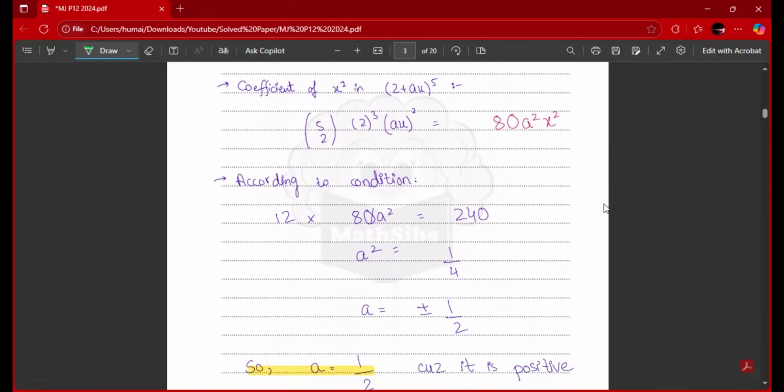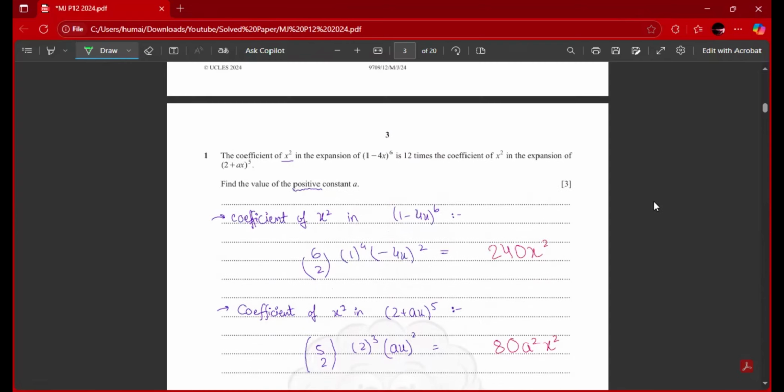So we found the coefficient of x squared in this expansion as well, similarly to above. And we have to find A here. The condition was that the coefficient of this expansion is 12 times the coefficient of x squared in our expansion of (2 plus ax) raised to the power 5.